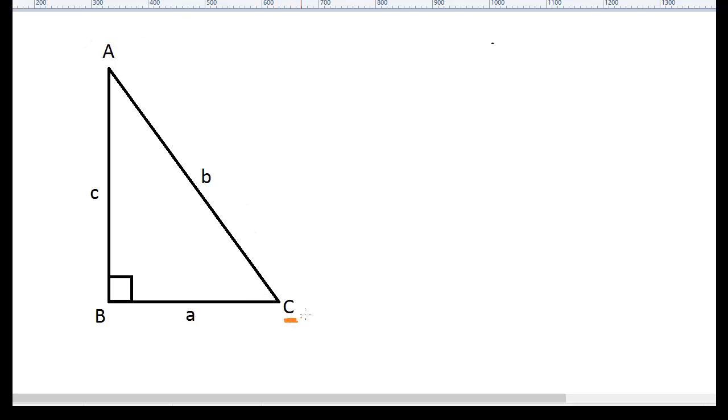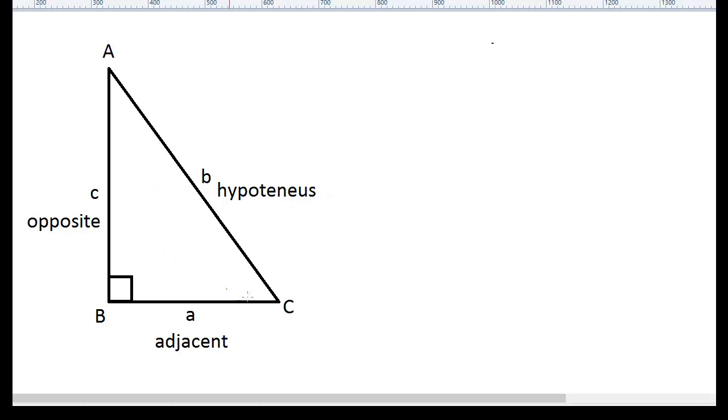So we're going to look at just C. When we're talking about angle C, we call this side a the adjacent side. This side lowercase c would be called the opposite side, and this side b would be called the hypotenuse. And there might be an E on the end of this, but I'm not sure.